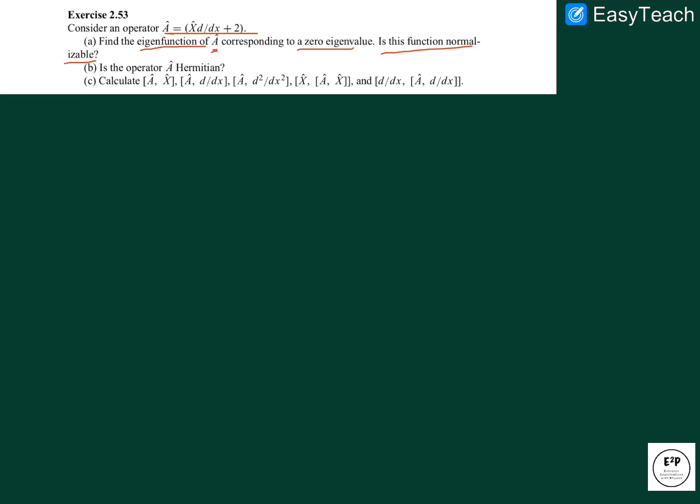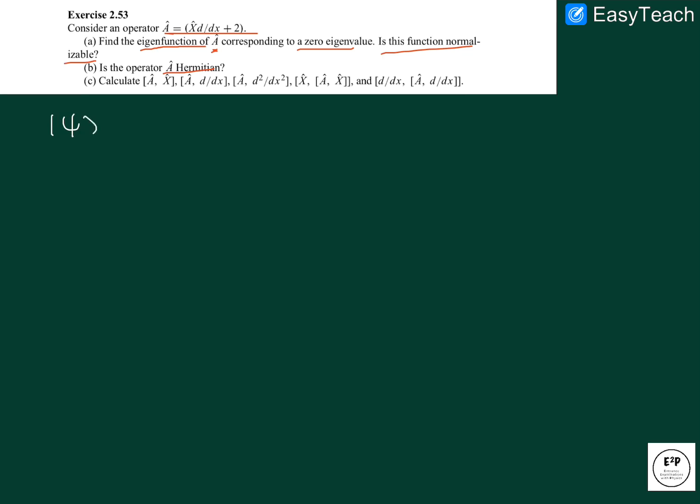In the second part, we have to check if the A operator is Hermitian. And lastly, we have to find 5 commutator relations for this particular operator with position and with the derivative. So we will start with the first question, that is to find the eigenfunction.